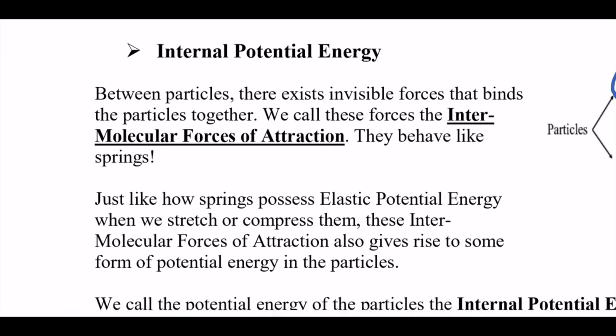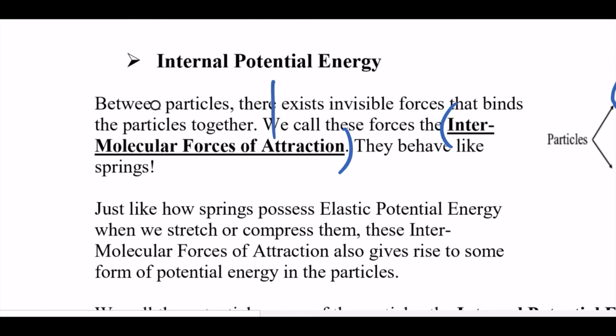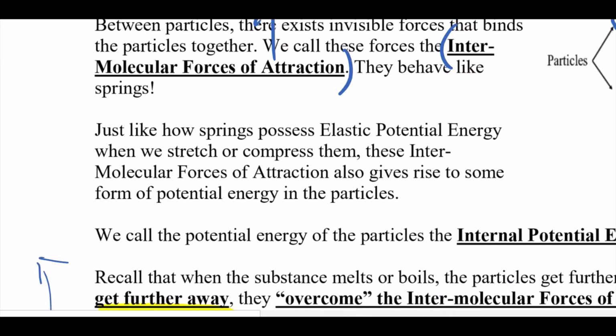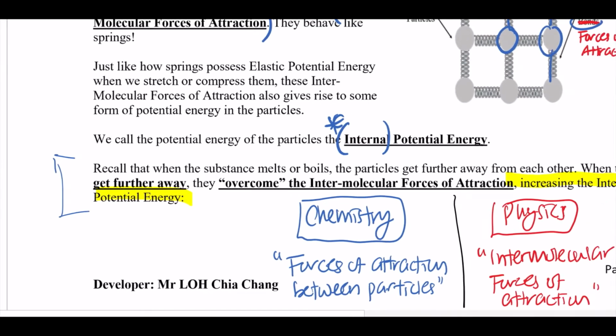I repeat again, in the same way as the rubber bands, when you stretch them, they possess elastic potential energy. The internal force of attraction gives particles the internal potential energy. Internal because we are talking about the particles now.